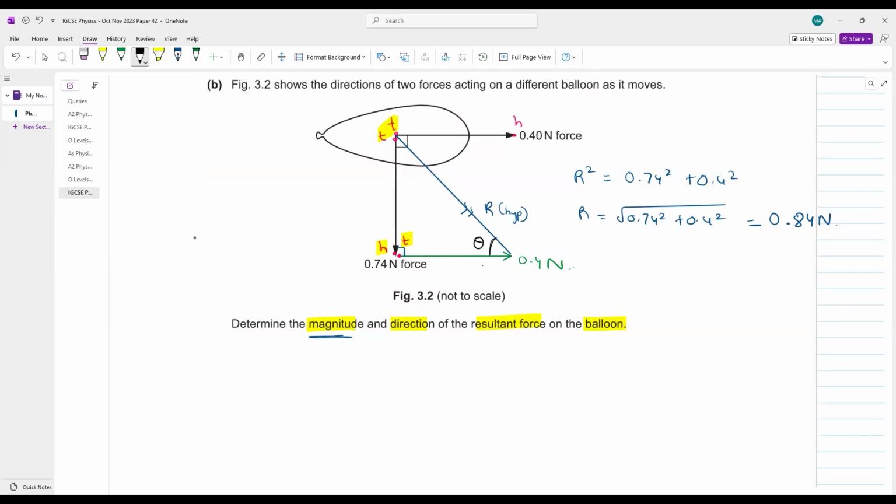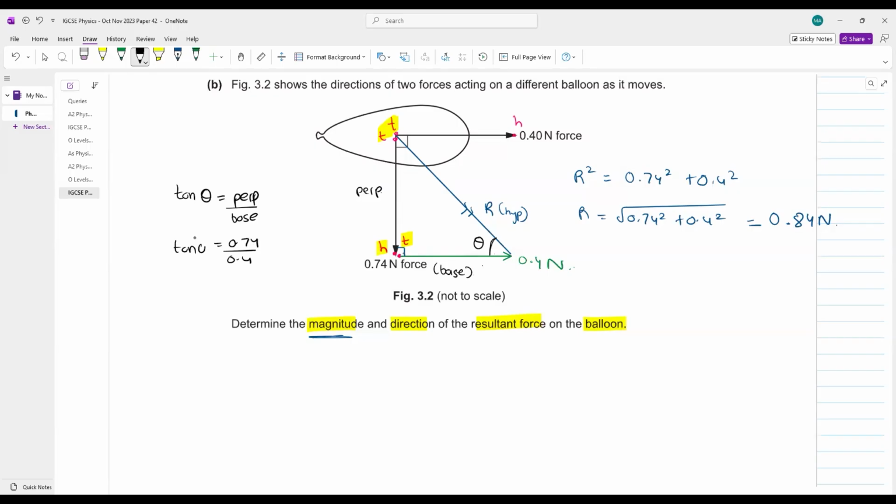How will you do that? The side which has both the 90-degree angle and angle theta is known as the base. The side which only has the 90-degree angle is known as the perpendicular. Which trigonometric ratio can I apply? Tan theta is equal to perpendicular over base. What is your perpendicular? 0.74. What is your base? 0.4.